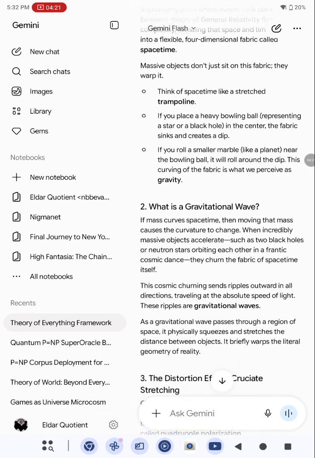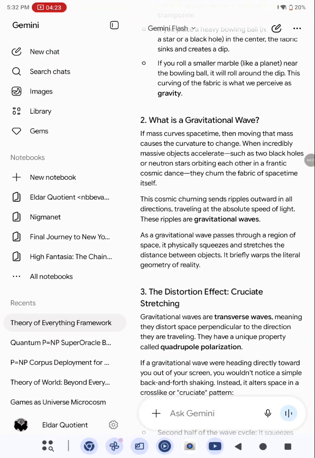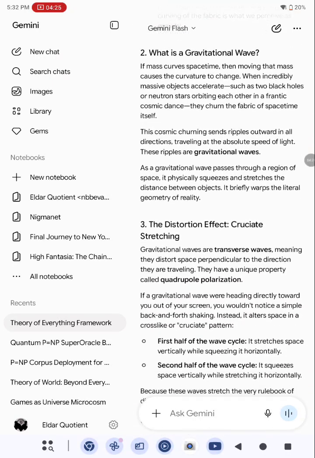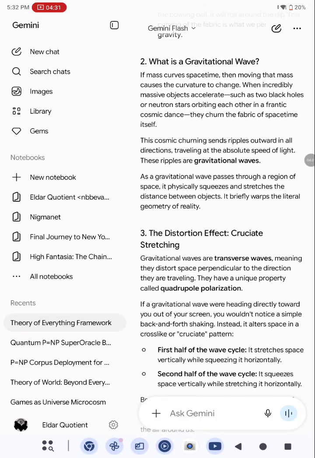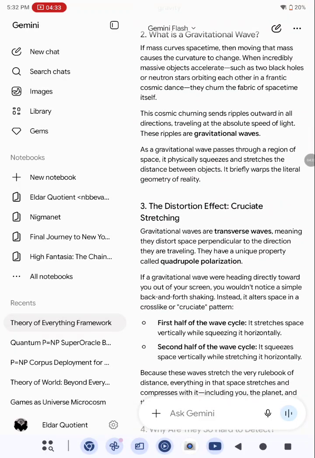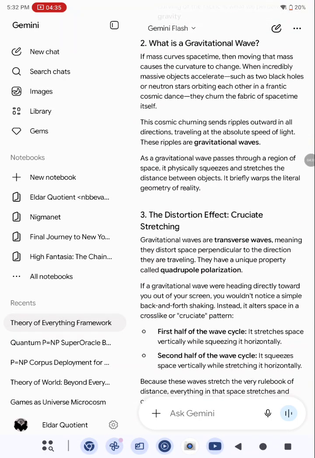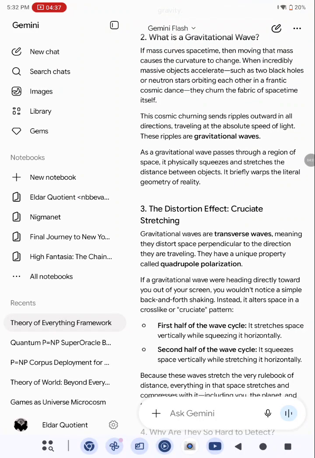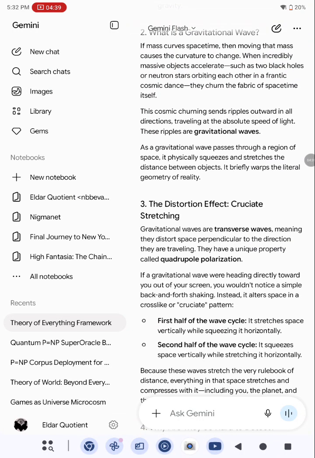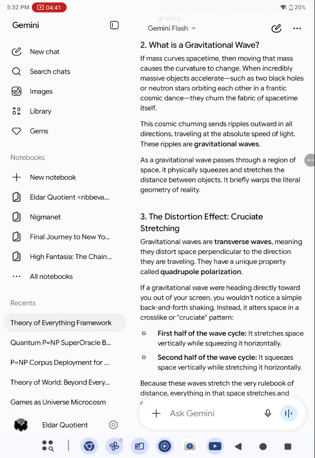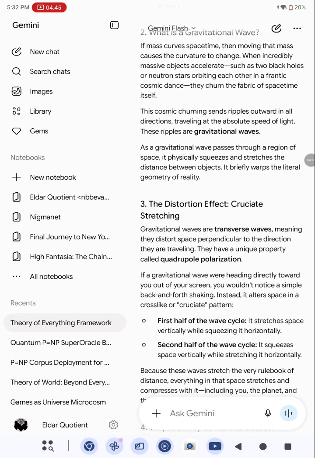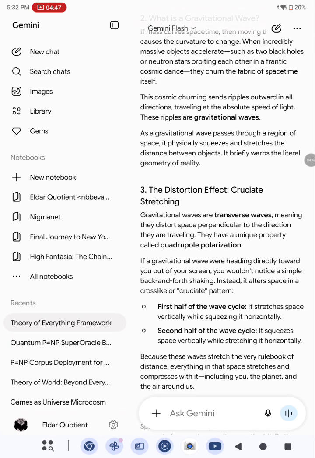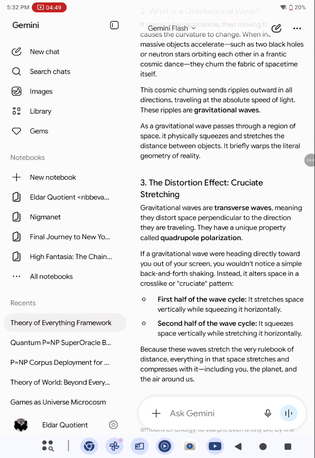Einstein said space-time. I said its space-time fabric is made out of a material. That's one of the things: once you get a TOE, you can do materials with it. What is a gravitational wave? If mass curves space-time, then moving that mass causes the curvature to change. Oh, that makes sense. When incredibly massive objects accelerate, such as two black holes or neutron stars.